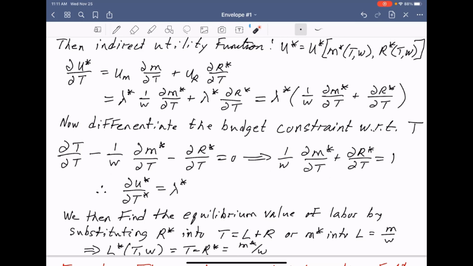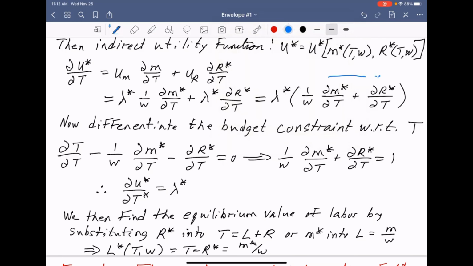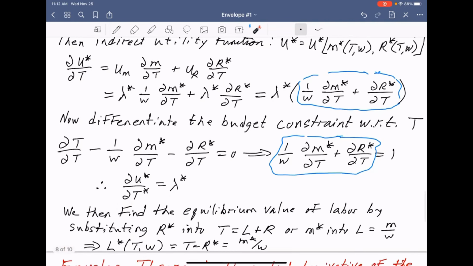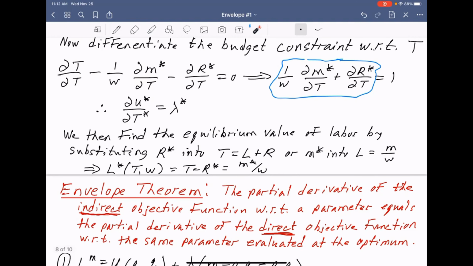Notice that this expression here is simply this expression here, and what happens as a result is we get that the partial of the indirect utility function with respect to total time is equal to lambda star.